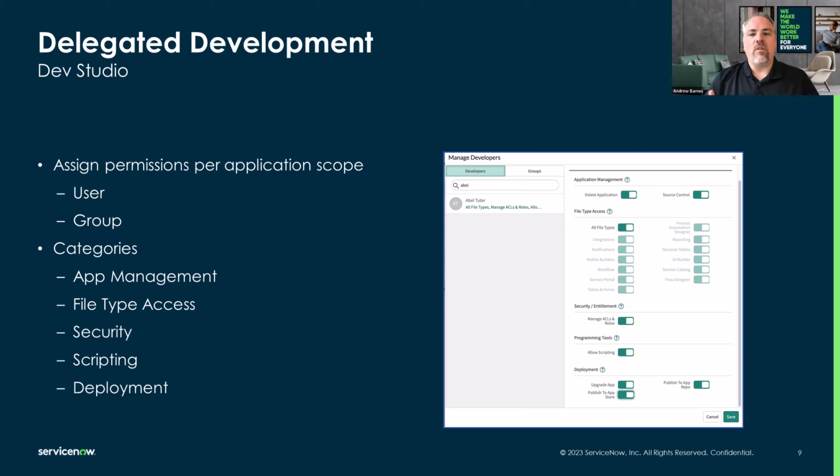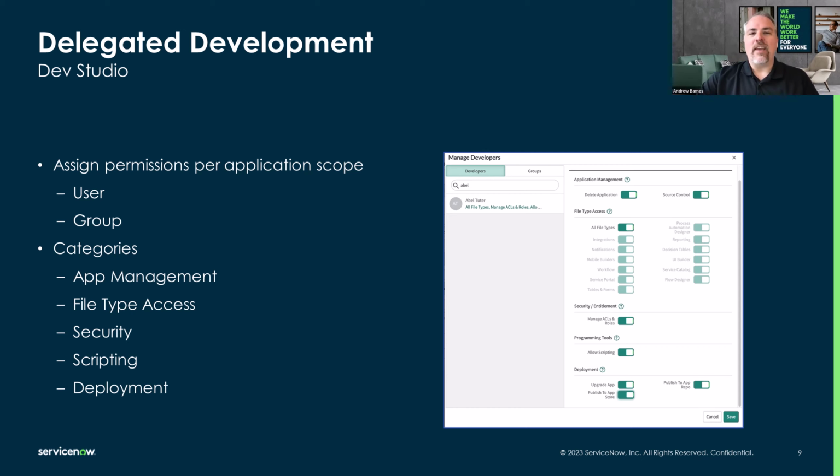Can you control the ability to connect to source control? Can you delete the application? So as you can see with all the toggles here on the screen, it's a very granular way on a scope by scope basis to grant access to users and groups to that scope, to those capabilities in that scope. Now, not everyone is going to see delegated development the same way in your instances.